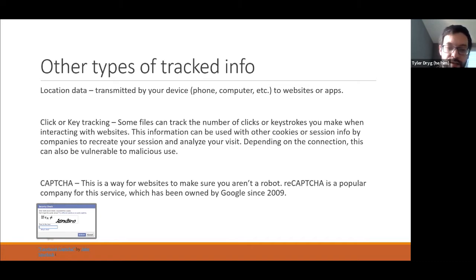And so these are just ways for websites to know that you're not a robot, that you're a real person. And obviously that's important for internet security and for companies to actually know that actual people are engaging with their content. So it protects businesses and consumers.